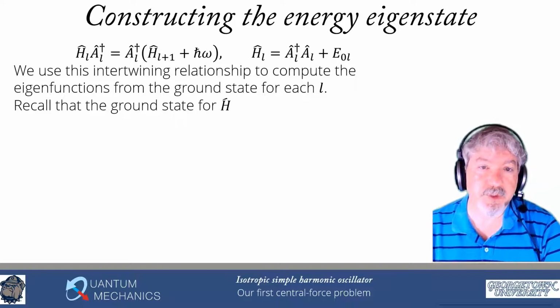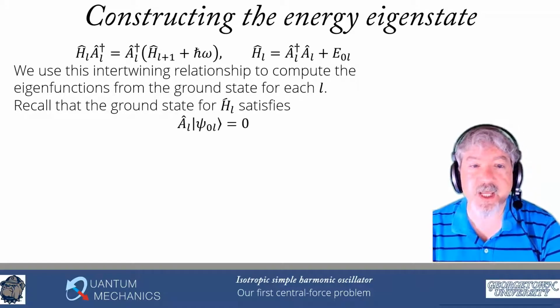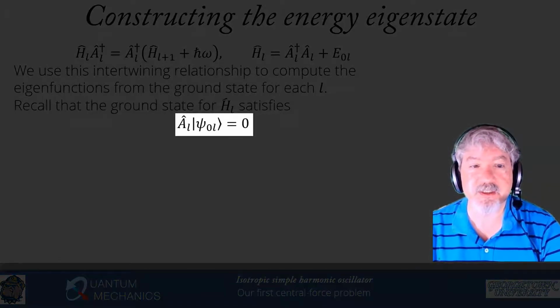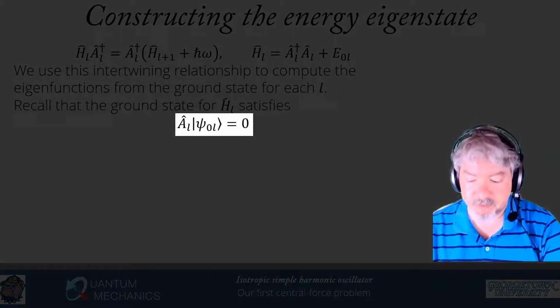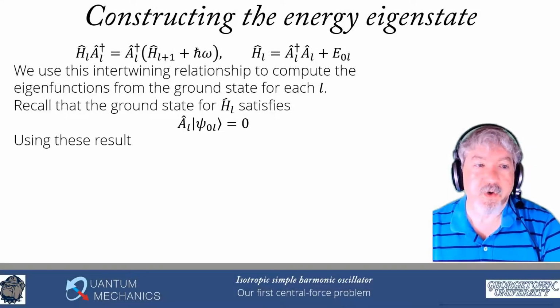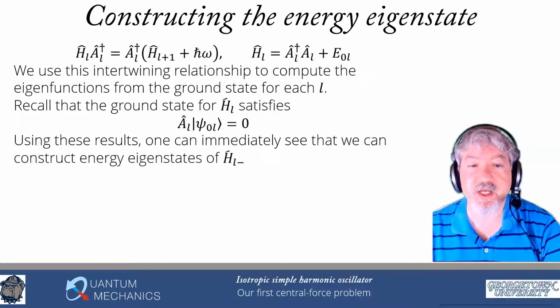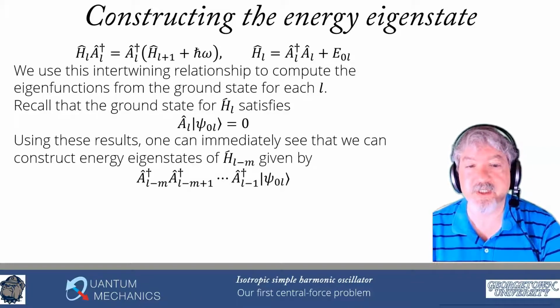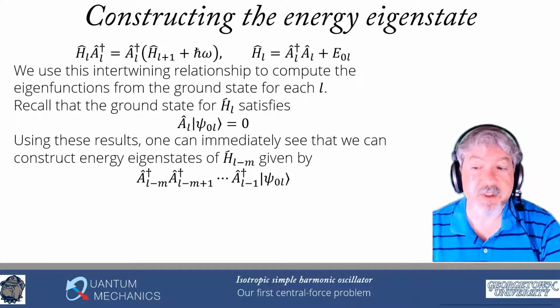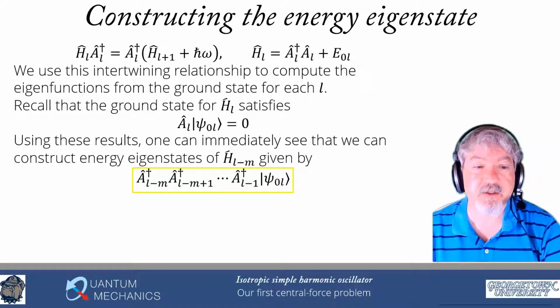So if you recall that the ground state for each H_L satisfies this subsidiary condition, A_L psi_0L is equal to 0, we're going to use these results along with intertwining to come up with an ansatz for the energy eigenstate of the Hamiltonians H_(L-M). And we're going to just take the string of these A_L daggers, starting from A_(L-1) dagger on the right and going all the way out to A_(L-M) dagger on the left.